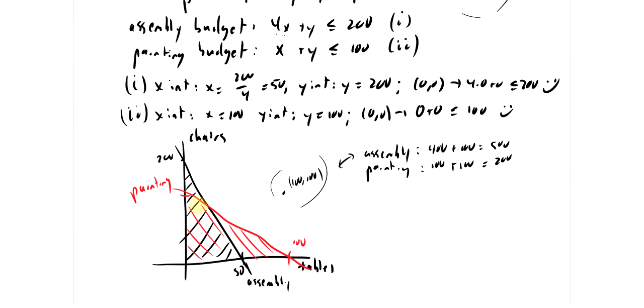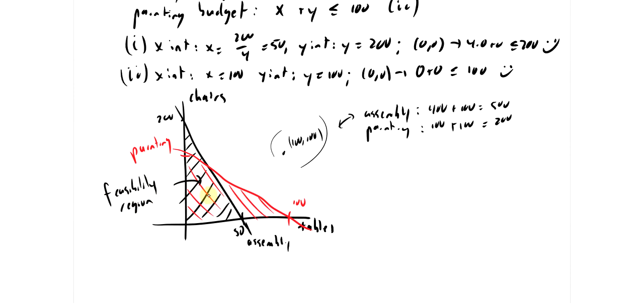So this region here is called the feasibility region, because every point in here, if you think of it as a number of tables and a number of chairs, is within both of your budgets. It's something that's feasible for you to do.